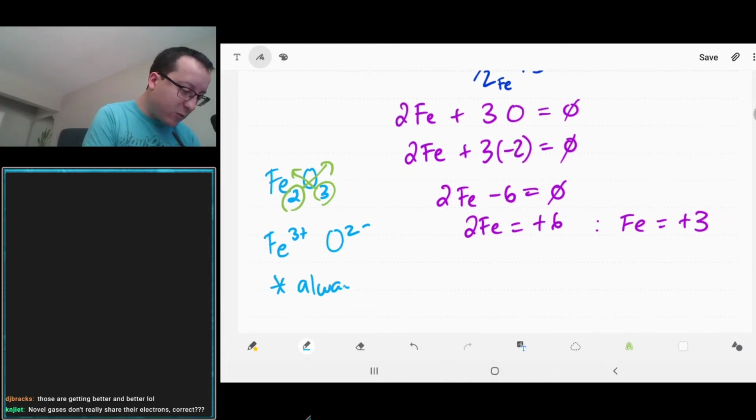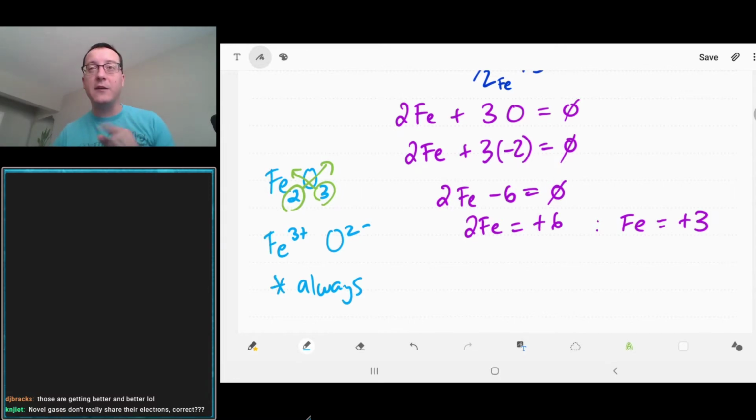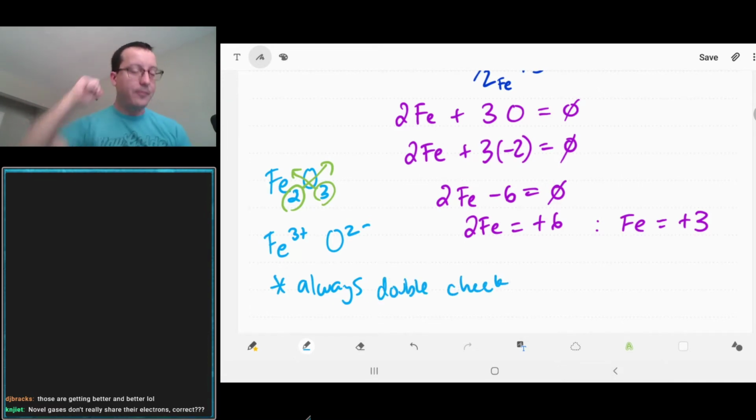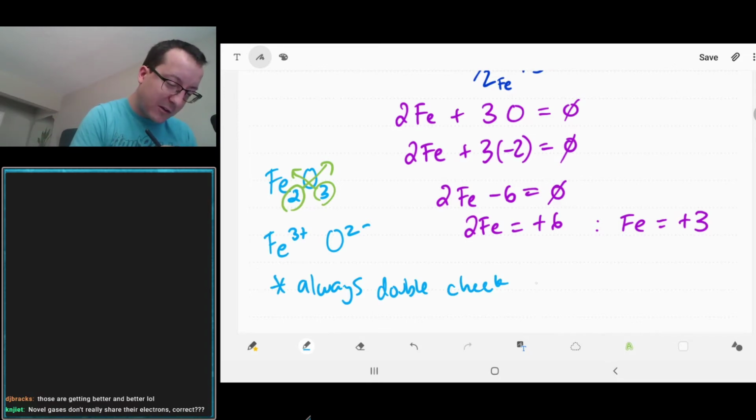One thing to worry about, however, if you're going to do this kind of reverse crisscross, is that we always want to double check when crisscrossing.